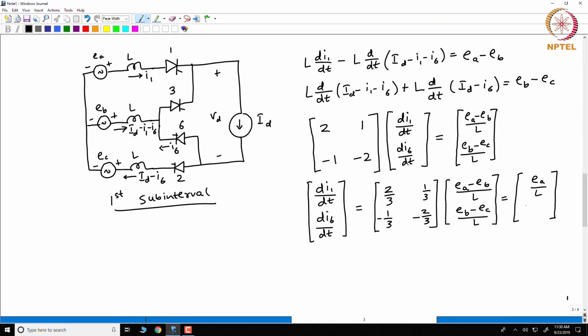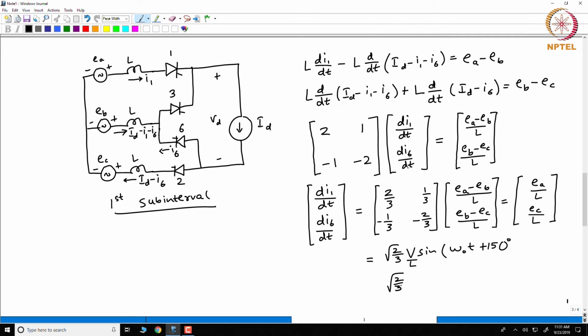EC by L. So of course we know what is EA and what is EC. If I just substitute that, I get this as equal to root 2 by 3 V sine omega ot plus 150 degrees divided by L, V by L sine omega ot minus 90 degrees.